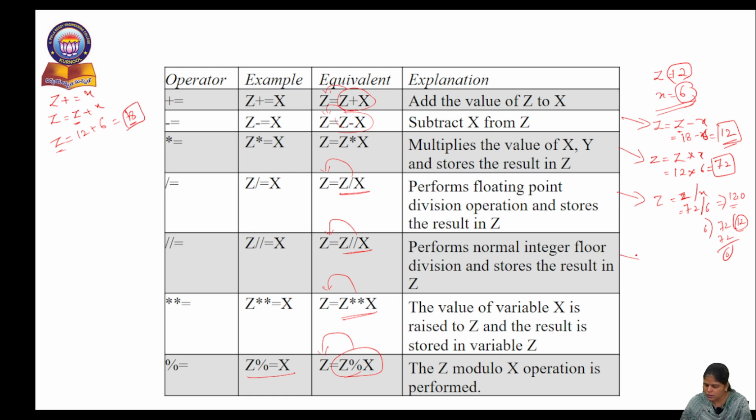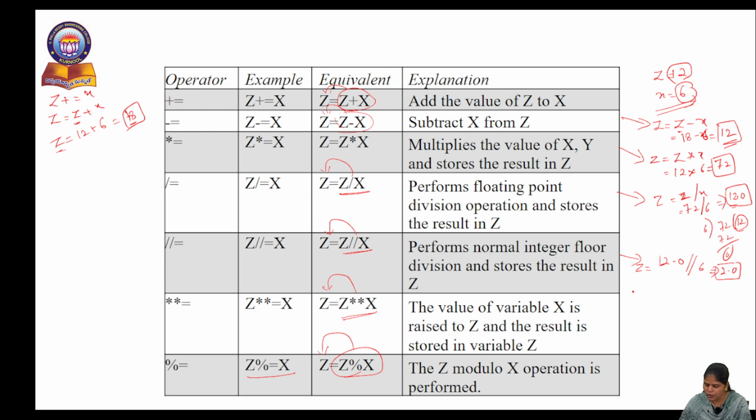Now for this, what is the z value? I got the z value as 12.0. So z equal to floor division by 6. Here I will get 2.0 as my new z value.